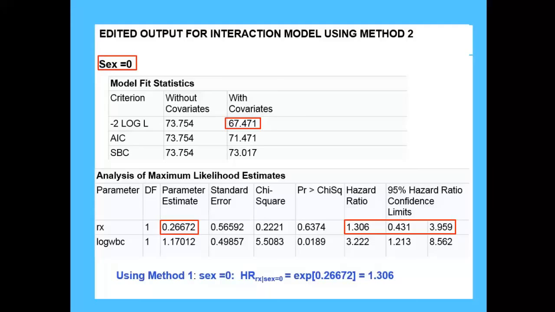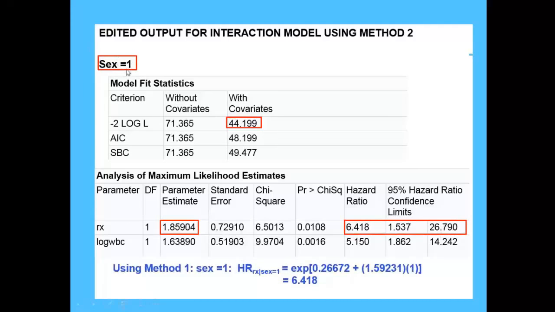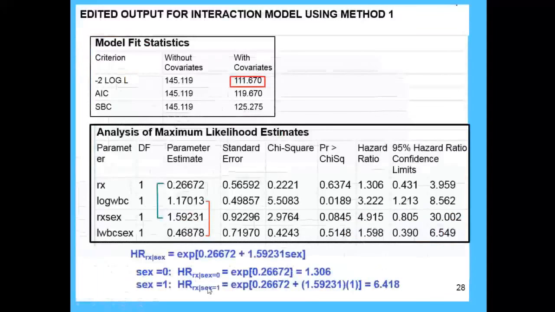This is what we get when we just do it by sex equal to 0, separately. What happens when we do sex equal to 1? Well, these are the two estimated regression coefficients I get, 1.85904. When I exponentiate that, you see that number, 6.418? That's the number I got when I plugged in 1 in the original, more complicated way of writing the model.